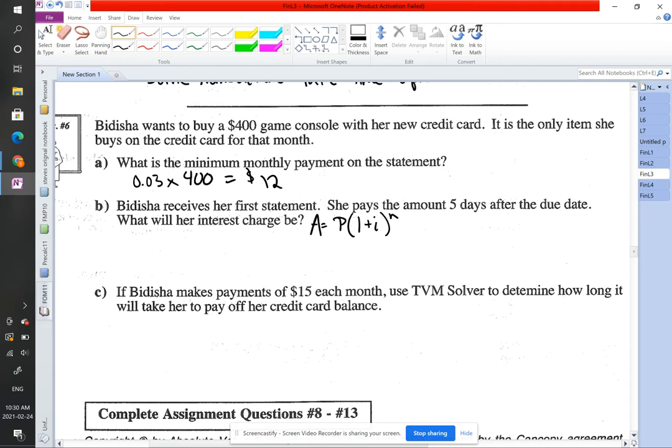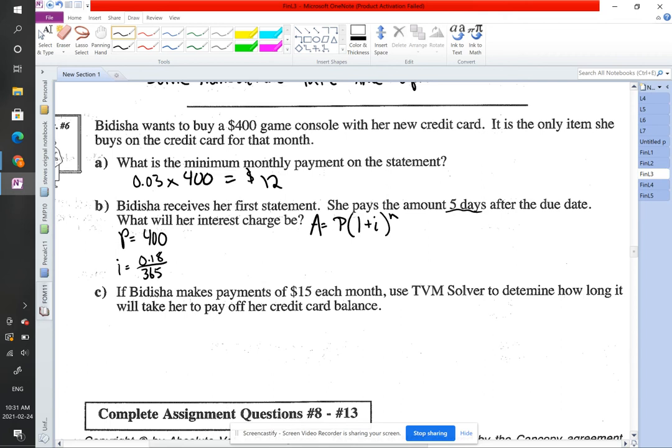So we know that her P value is $400. That's how much she's paying. Her interest rate is 18%, but because they're charging it per day, it's going to be 0.18 divided by 365 days in a year.